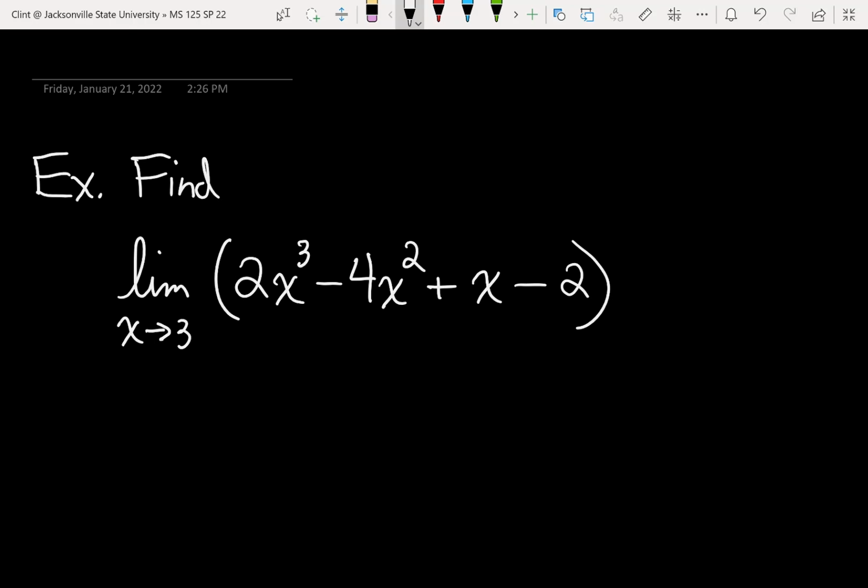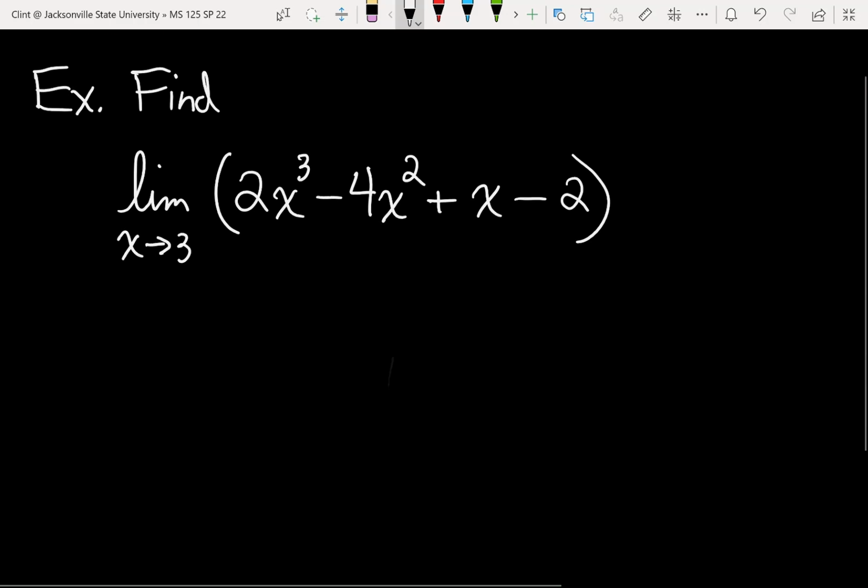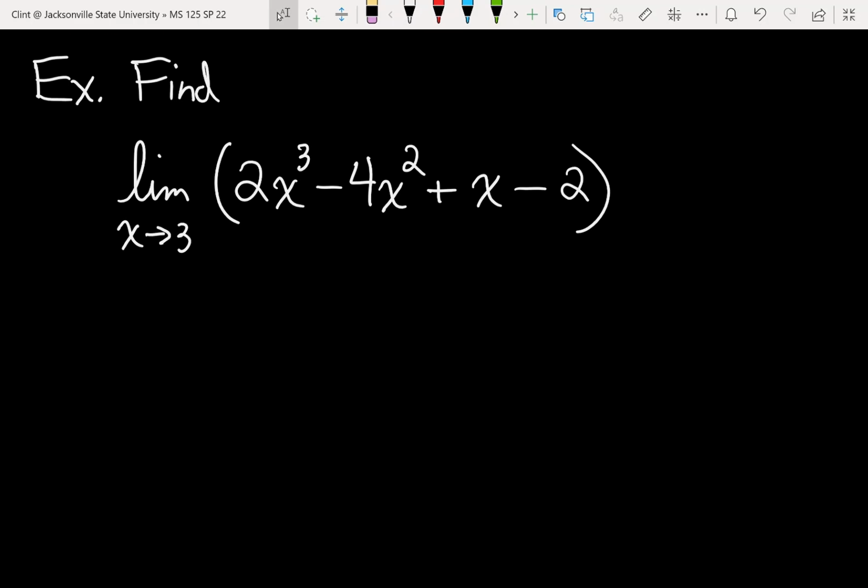So first, let's do it just using our limit laws. We've got to break it down into pieces using the limit laws. So we've got 2x to the third minus 4x squared plus x minus 2.